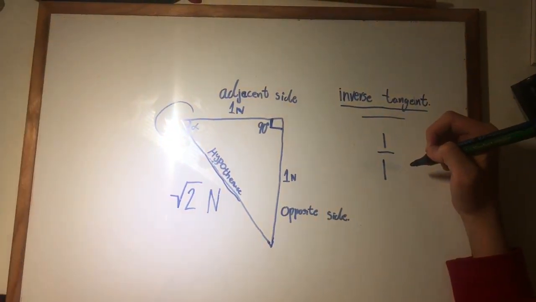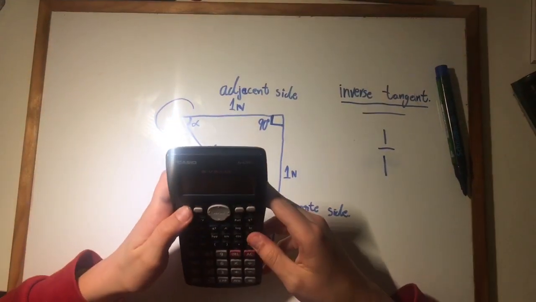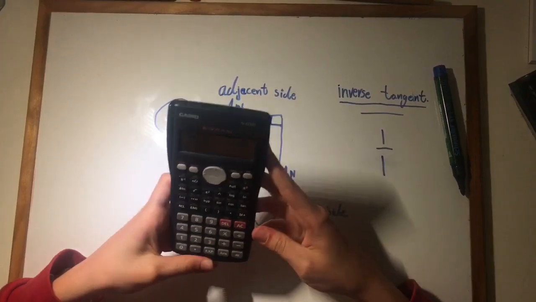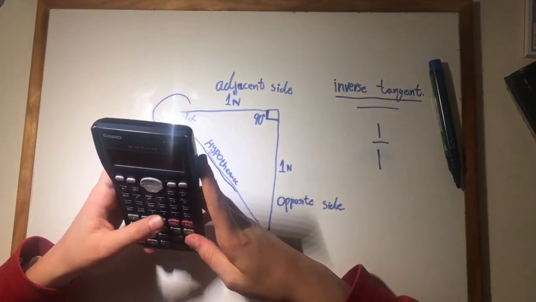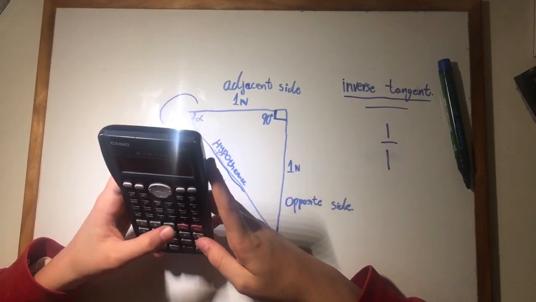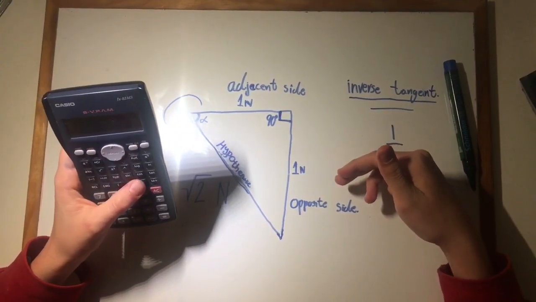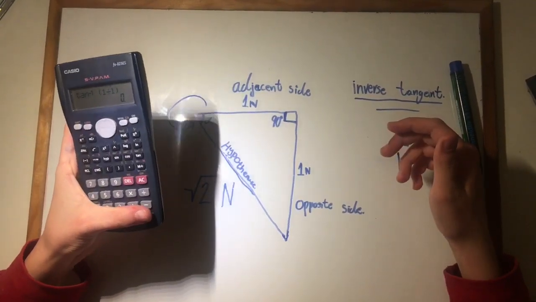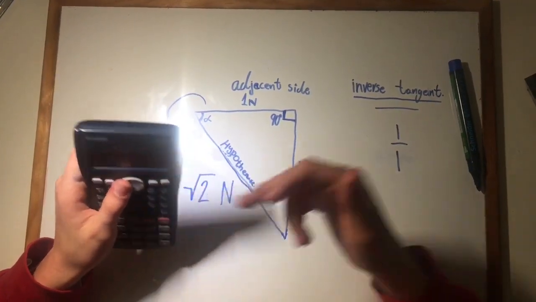But then also on your calculator, you could press shift tangent, and it has to be in a specific mode, and then bracket 1 divided by 1, meaning the opposite side divided by the adjacent side. And that will give you the angle and the direction, and in this case 45 degrees.